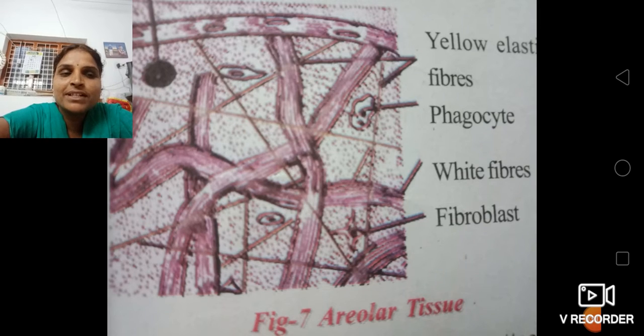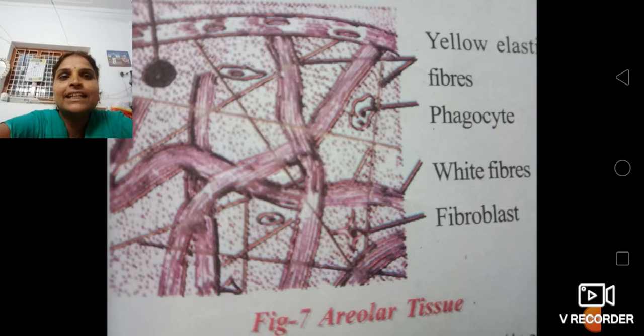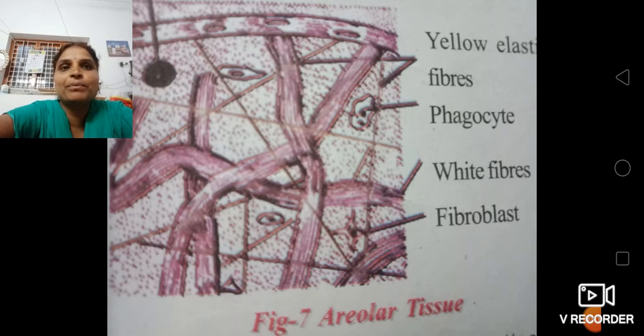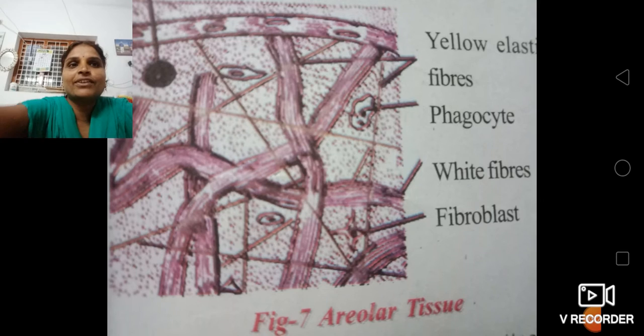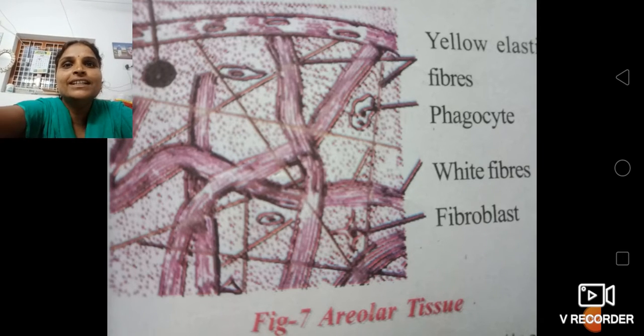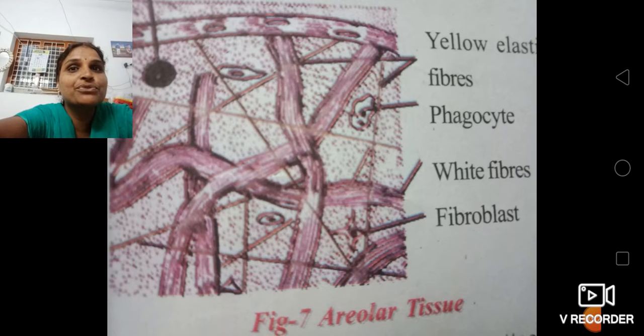The fibroblasts also secrete fibers in the areolar tissue. These are the major components of this type of connective tissue.